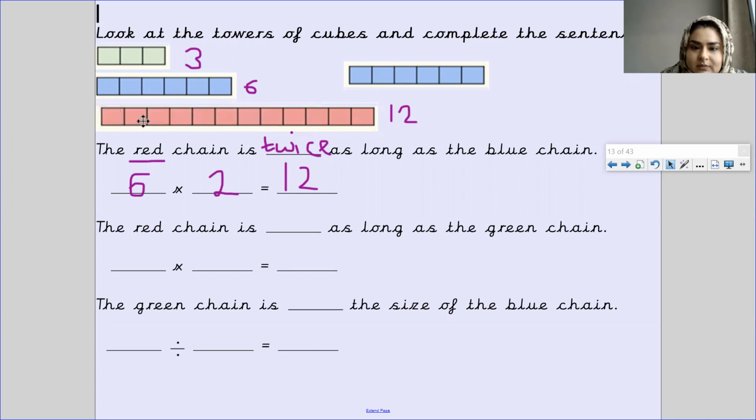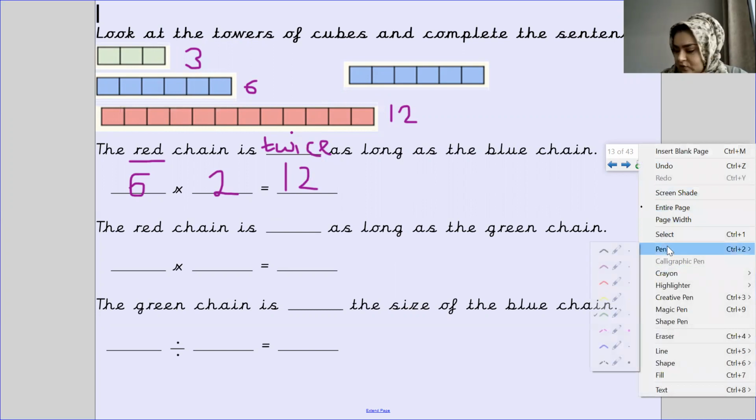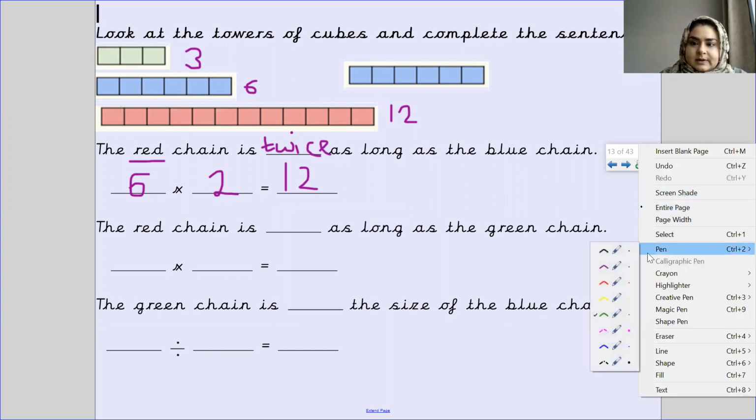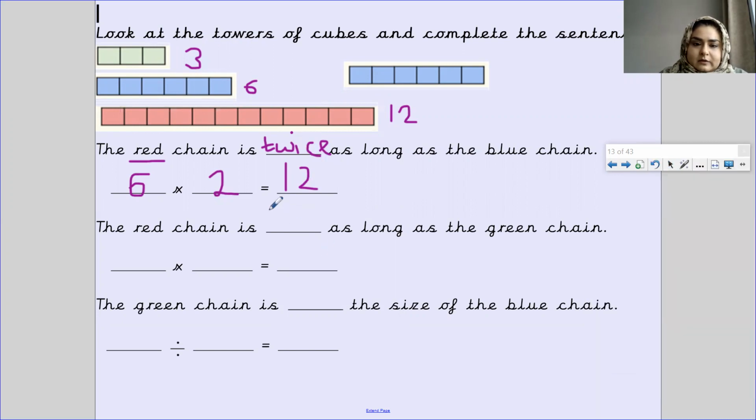Now, it says the red chain is something as long as the green chain. So what you will need there is 4 times. So the red chain is 4 times as long as the green chain. So what would your number sentence be? Fantastic.